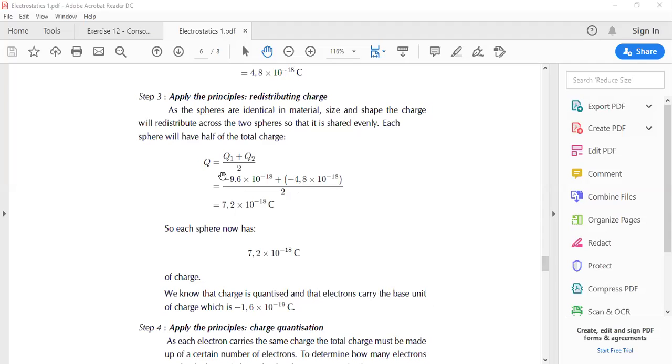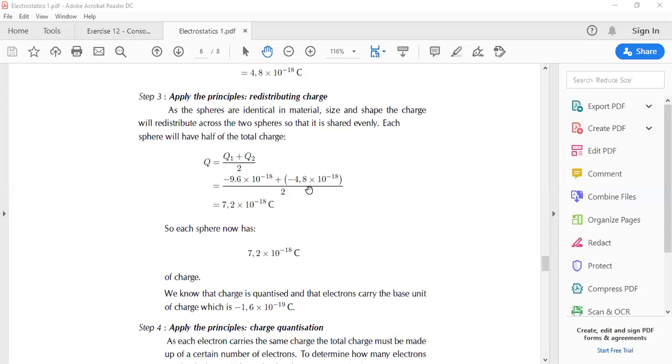Now, when the two objects came together, they were transferring electrons. The one that is more negative gives electrons to the one that is less negative. So electrons moved from the negative 9,6, because this is more negative, to the 4,8.